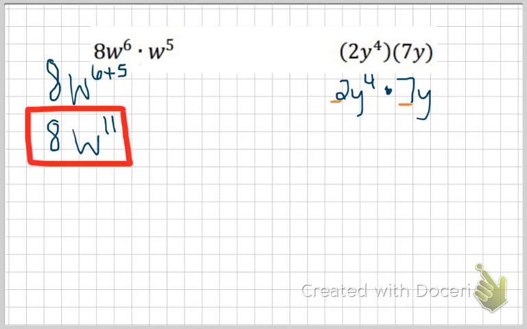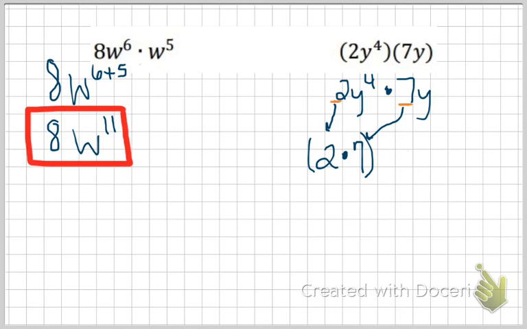Okay, so what we're going to do is separate some information here. We're going to put the 2, the times multiplication symbol, because everything is getting multiplied here, and the 7, because those two are coefficients. And they're going to multiply.